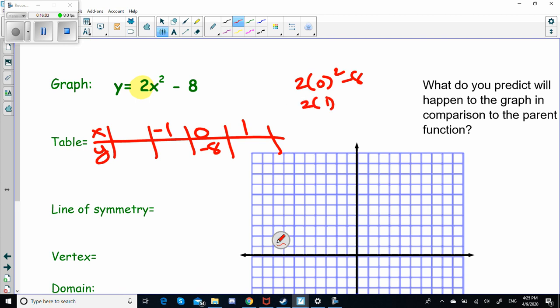So 2 times 1 squared minus 8, that's 2 minus 8, which is negative 6. These two always match if you did it correctly. And then 2 and negative 2 would be 2 times 2 squared minus 8. That's 4 times 2 is 8, minus 8, which is 0.